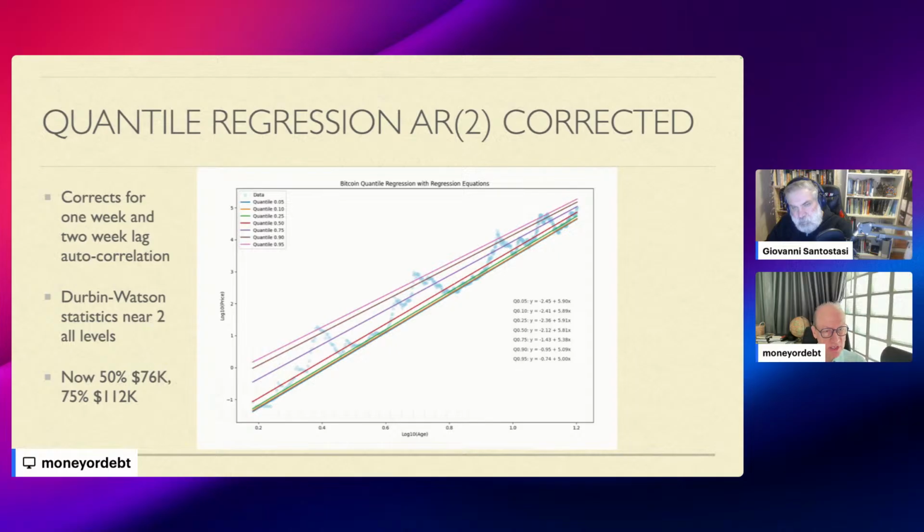One thing that's very interesting to observe here is how bunched up all these lines are at 0.1, 0.05, 0.25. They're all together, and they're providing a very firm support and foundation for Bitcoin's long-term power law. So when we do the quantile, you're basically taking all the data below your reference, let's say 1% or 5%, wherever the support is, and you're not throwing away all the other data.